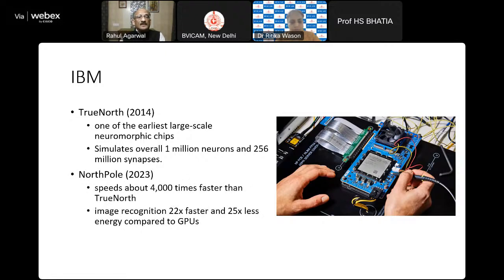Then they introduced their next processor in 2023, NorthPole, and it is almost 4,000 times faster than the first one. It can recognize images 22 times faster and with 25 times less energy compared to current GPUs.